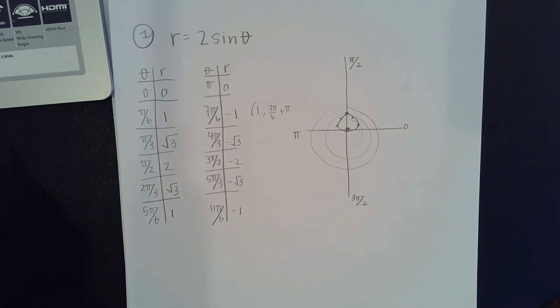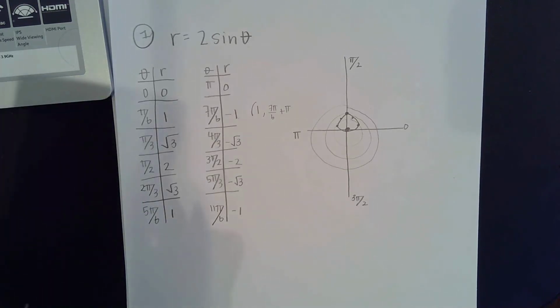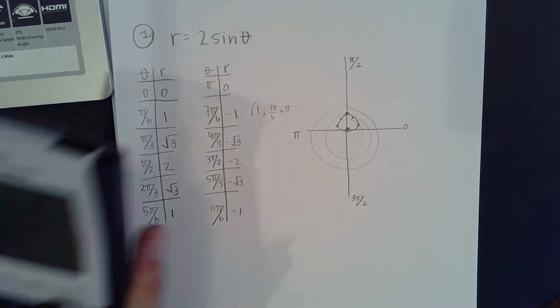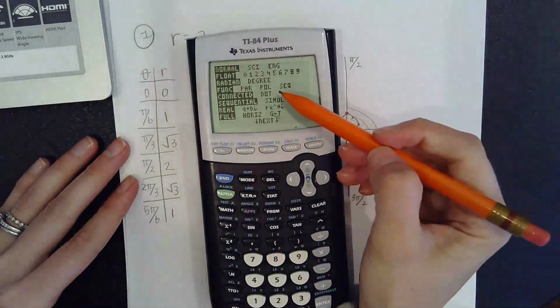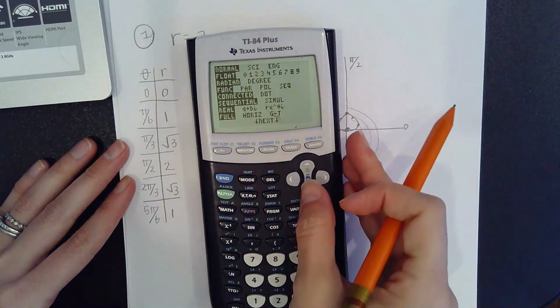Okay, so that's what I want you to do to graph these basic ones. You can use your calculator to check. There is a mode on here that says polar.